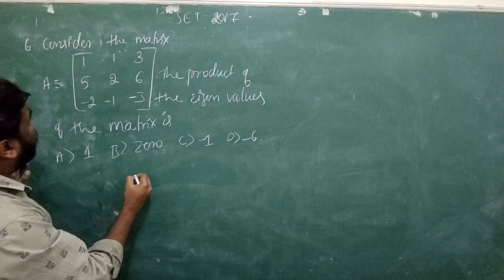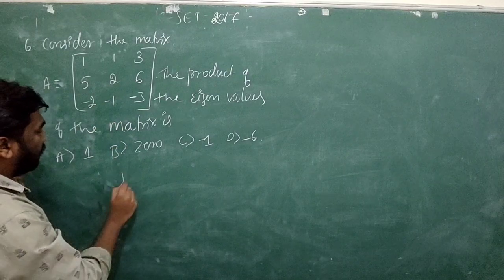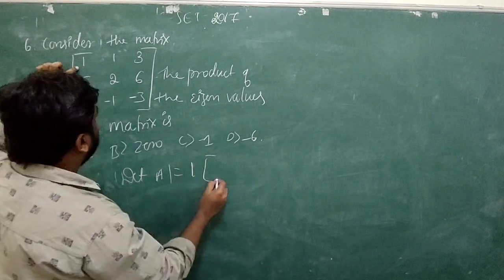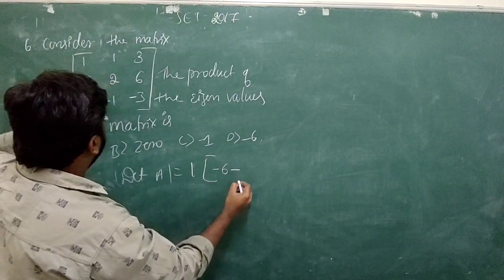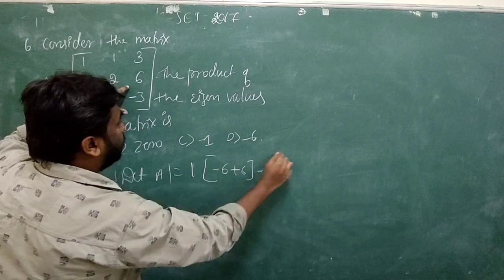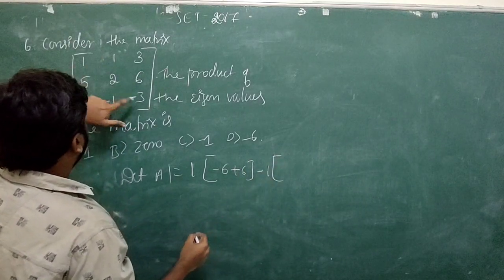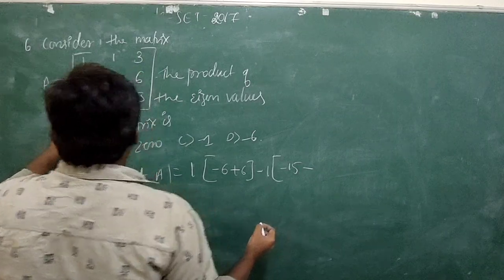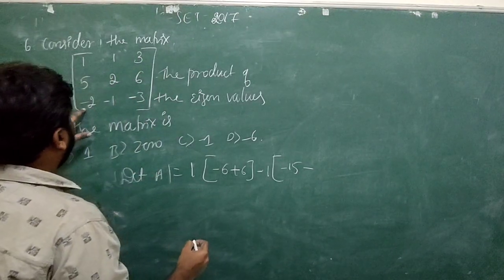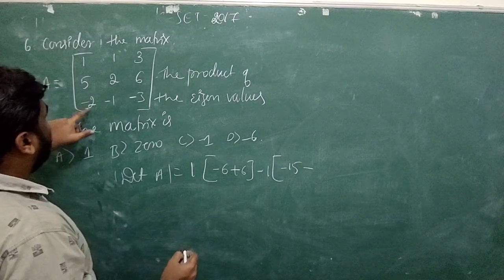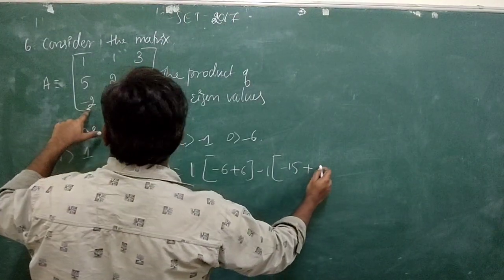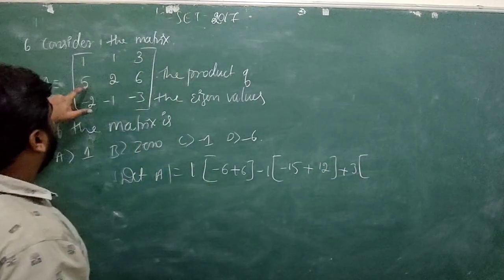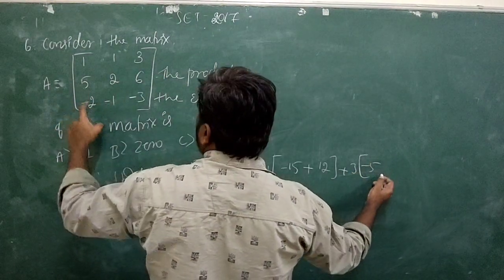see, first I have to calculate determinant of A, which is equal to 1 into minus 6 plus 6, minus 1 into 5 3 is a 15 minus 6 2 is a 12, so plus 12 and plus 3 into minus 5 and plus 4.